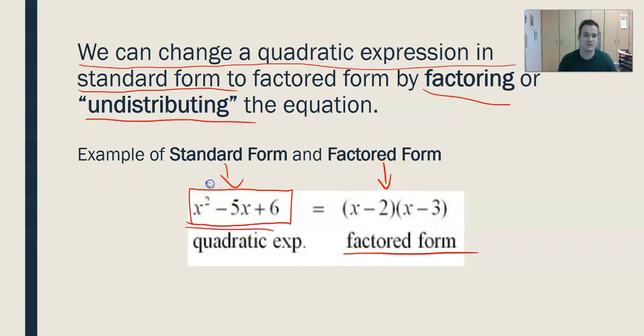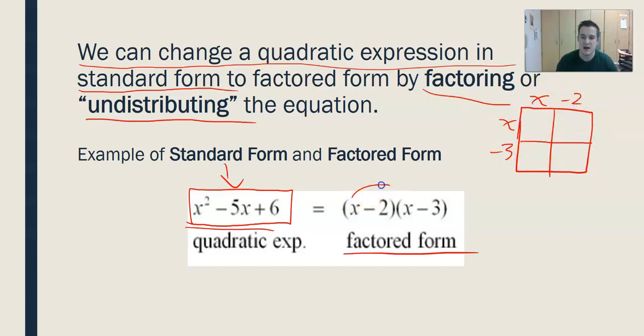Just to convince you that these are the same, let's take these two right here and multiply them together. So now we're going back again to what we learned in Unit 2 when we were talking about polynomials, multiplying two different polynomials together. If you use the box method, this might be ringing a bell. If you use the box method, you're going to put x minus 2 up here, x minus 3 on this side. I'm going to go ahead and use the rainbow method.